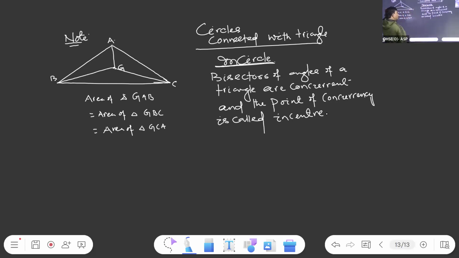Internal angle bisectors of a triangle are concurrent and the point of concurrency is called incenter.